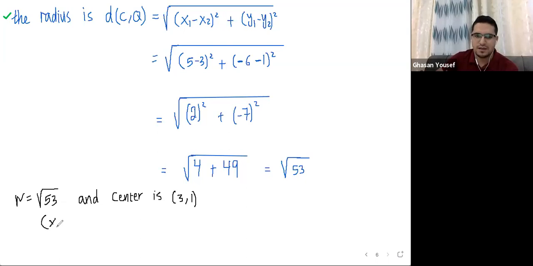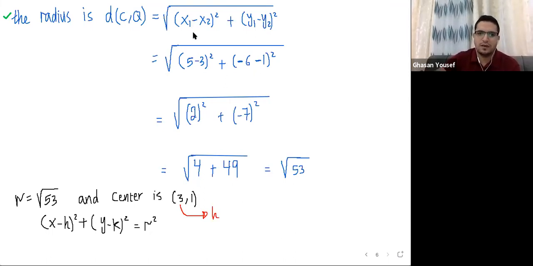The equation of the circle is x minus h square plus y minus k square equal the radius square. Now you plug inside this equation. This is my h, and the 1 is my k.